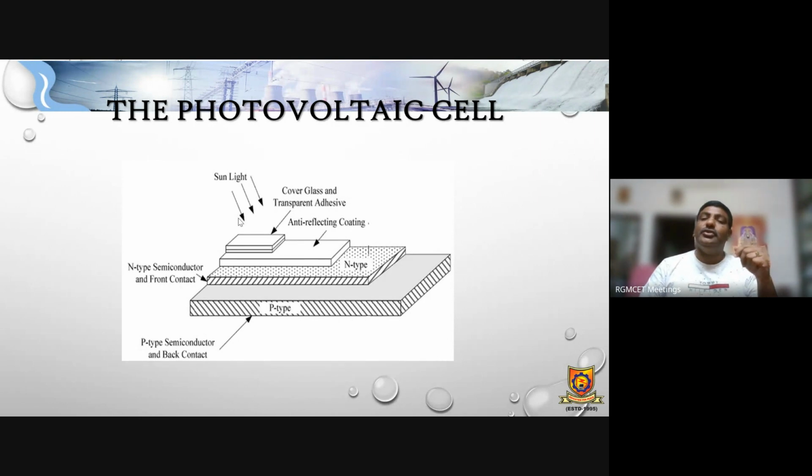The anti-reflecting coating is used so that the light falling on it does not reflect away. The light should be absorbed and collected by the N type material, which collects the light rays falling on the solar panel. Then there is a depletion layer and a p-type semiconductor material.